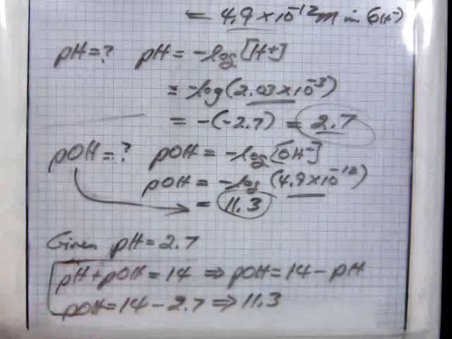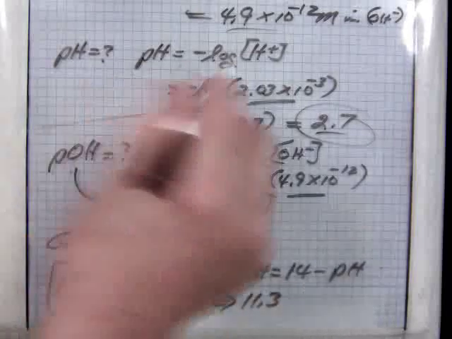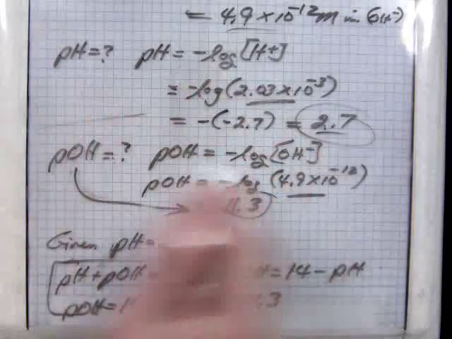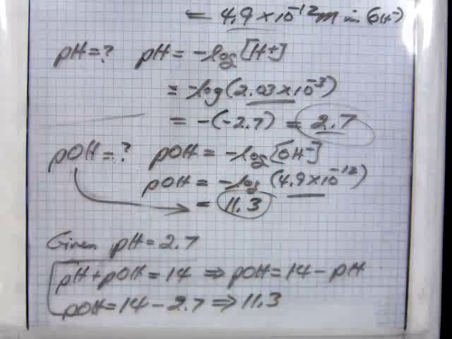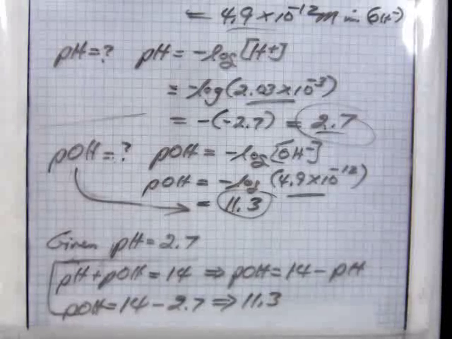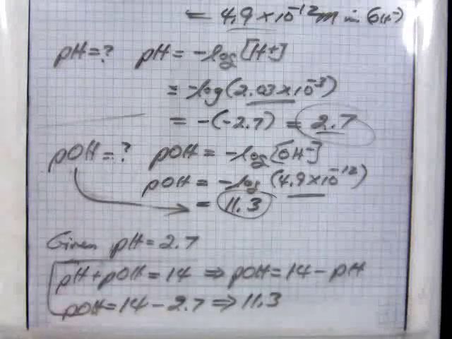And there will be cases where that'll be a lot more convenient than trying to go back and recalculate your hydroxide ion concentration from the Kw expression. Once you get the hydrogen, you can get the pOH very easily, just by subtracting the pH from 14.